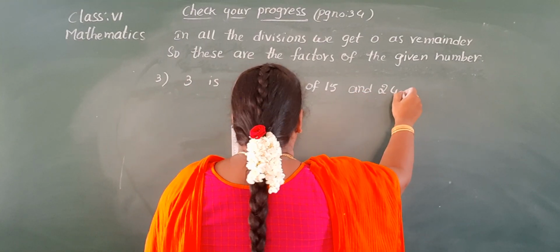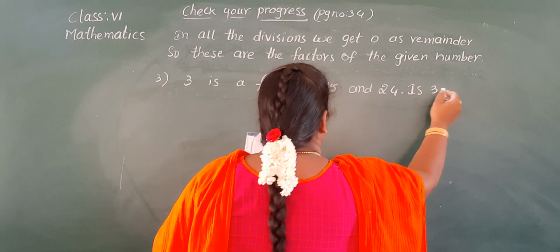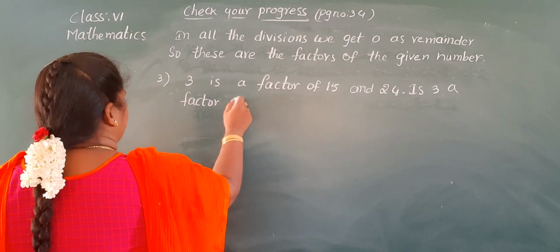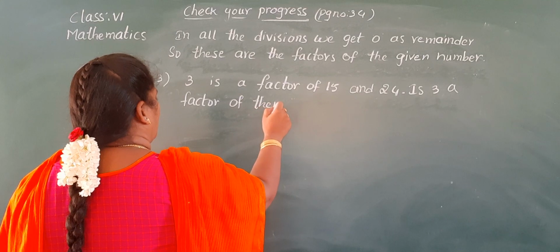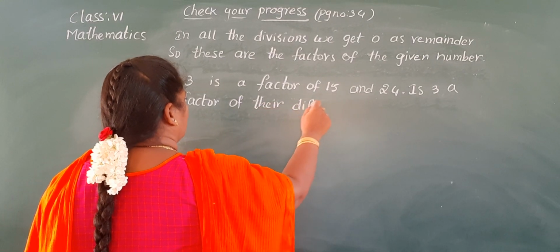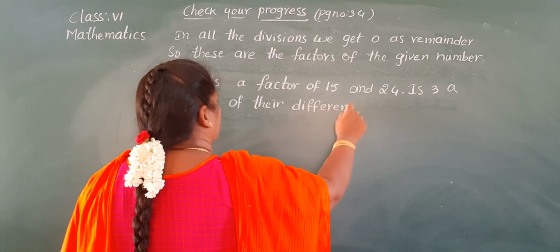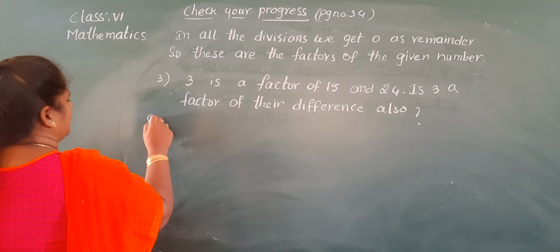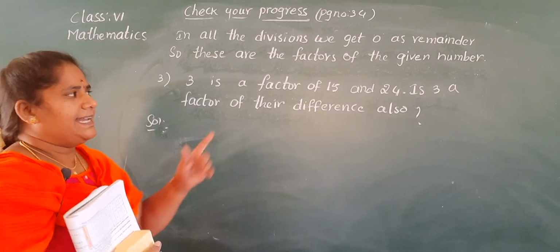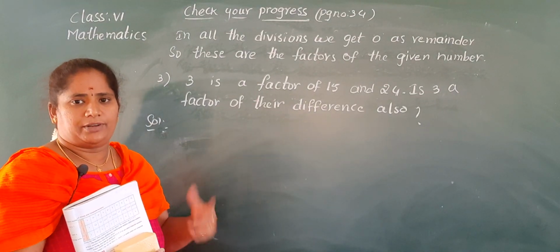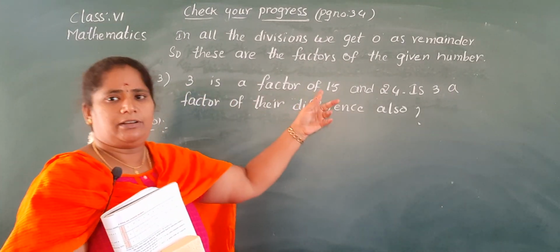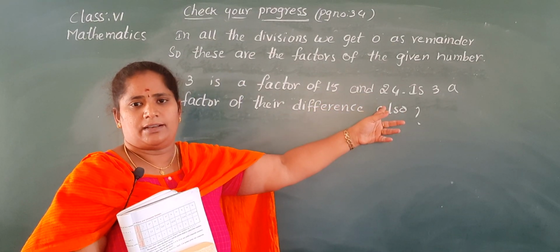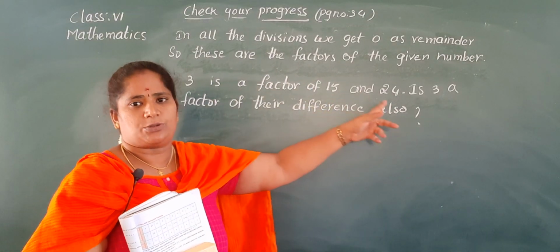Is 3 a factor of their difference also? See, Nana, what is given in the problem? 3 is a factor of 15 and 24. Yes. Why? Because in 3 table you will get 15. 3 5s are 15. 3 8s are 24. So 3 is a factor of these two numbers.